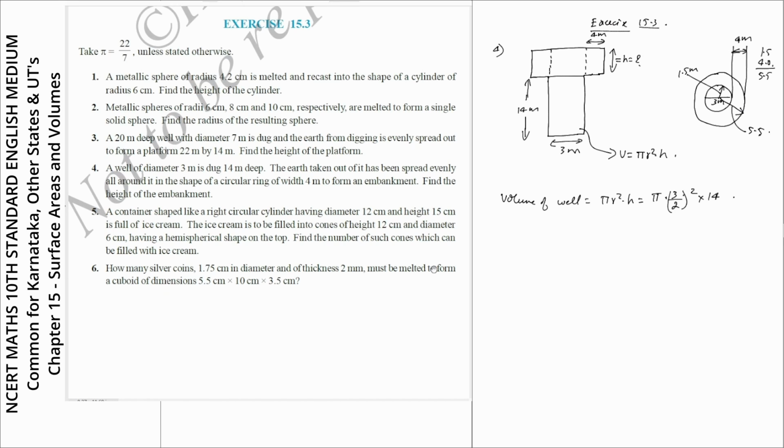Now what is the volume of the embankment? If you see, this is also a cylinder, but it's hollow inside. So this portion. Here the volume of the cylinder is given by pi.